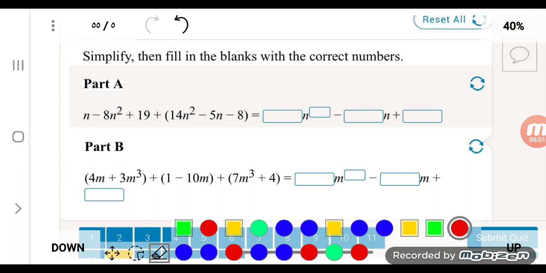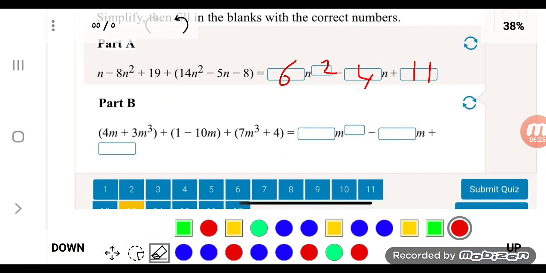Here you have minus 8n squared plus 14, you get 6n squared. So here's 6n squared. And then n minus 5n, you get minus 4n. So here 4, minus 4n. And then 19 minus 8, 11. So here you write 11.